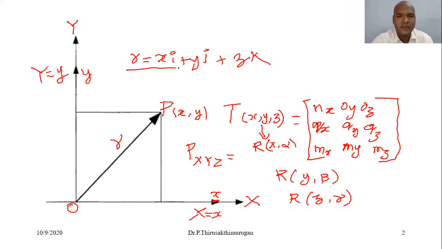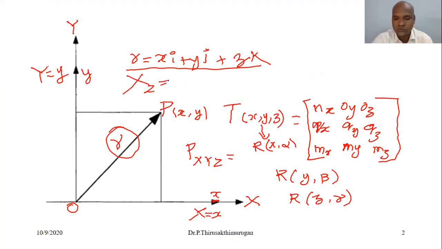So I represented the vector of position P1. The point P is represented by the vector R, so R equals x i plus y j. Now we are going to estimate capital X2.